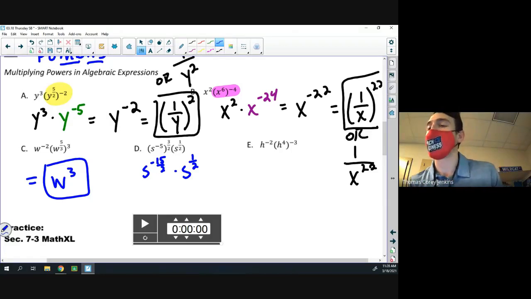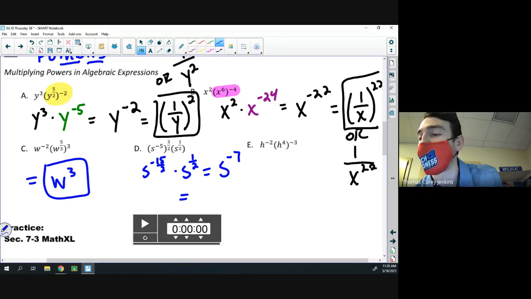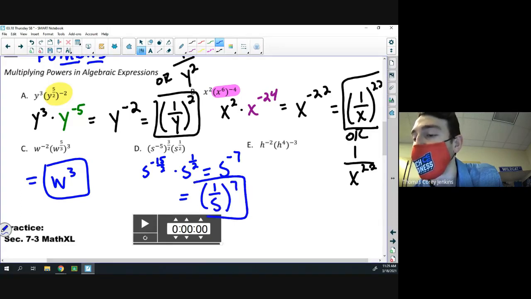That'd be -14 halves or -7. Okay, and then we want to get rid of the negative, so we flip it to be 1 over S to the +7. All right, so obviously that one had fractions, that might be what threw you there.